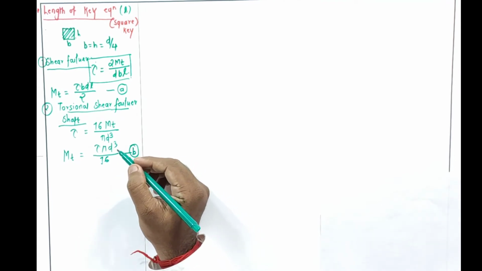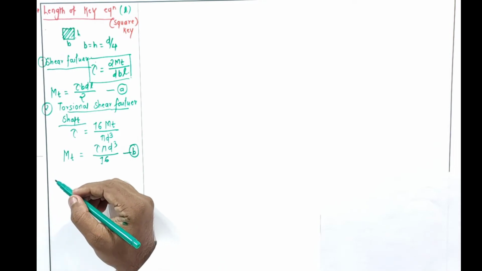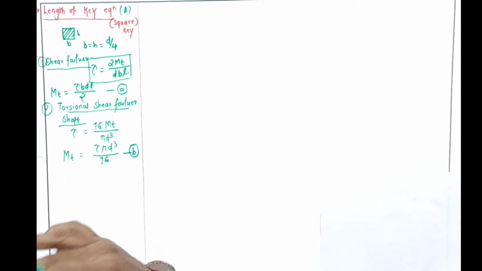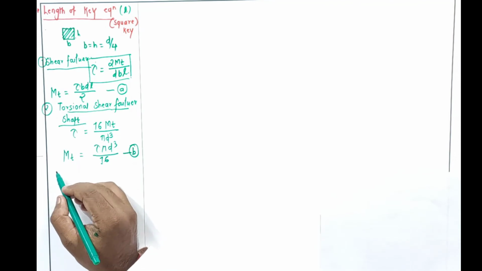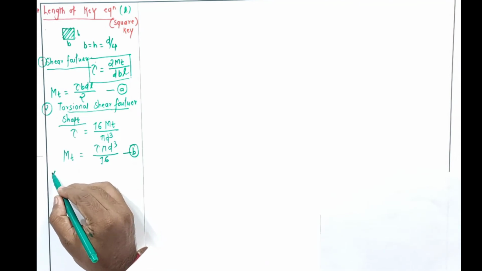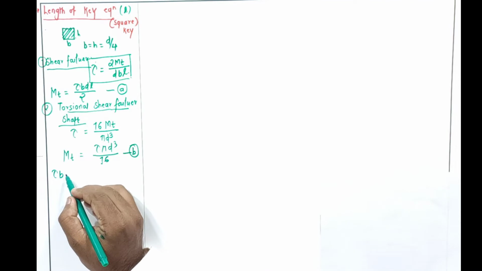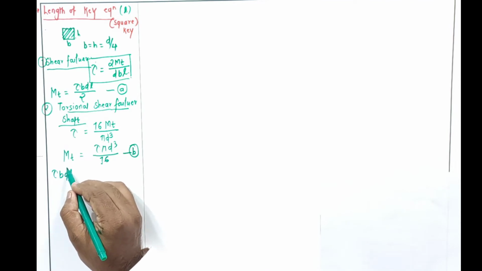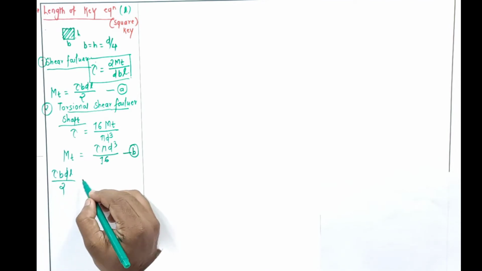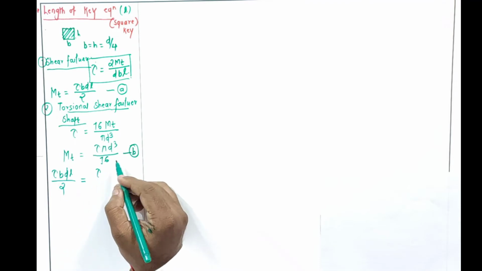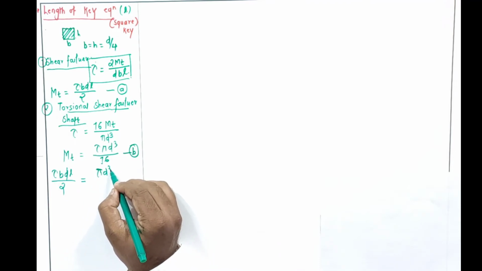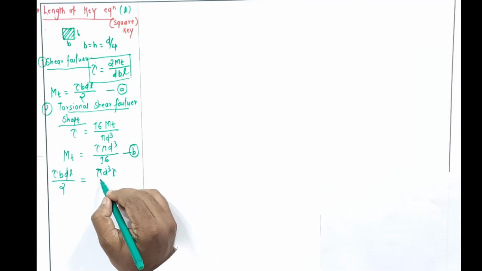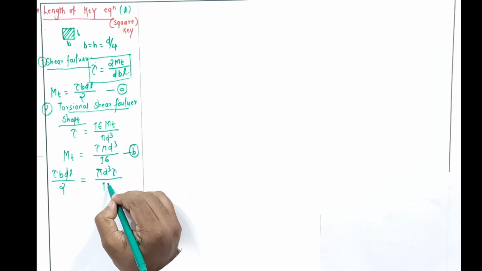If I want to equate these two things, because torque can transmit from shaft to key, I'll directly write tau b d l divided by 2, which is equal to pi d cube tau divided by 16.